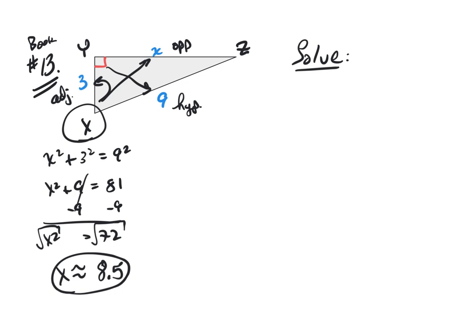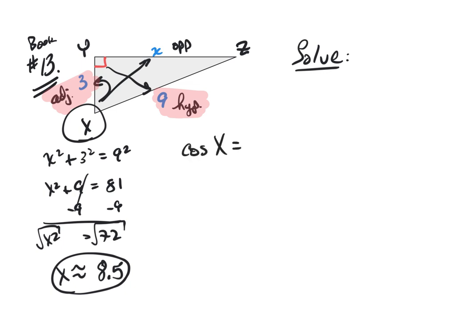Now to find the measure of angle x, I'm going to pick the trig ratio that involves the 2 sides that I was given. I was given the length of the hypotenuse, and I was given the length of the adjacent. And when you put those 2 together, adjacent and hypotenuse, only one of the trig ratios involves those 2. Look back in your notebook. The only trig ratio that involves those 2 is cosine.